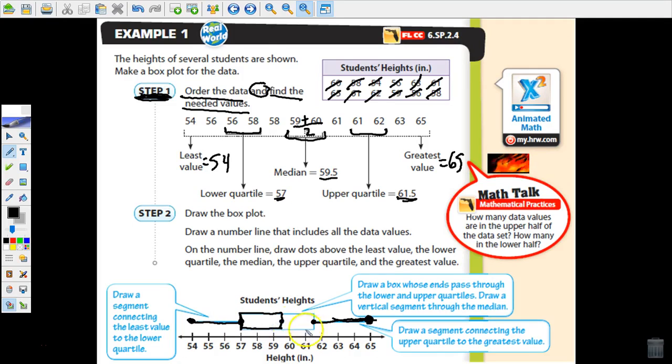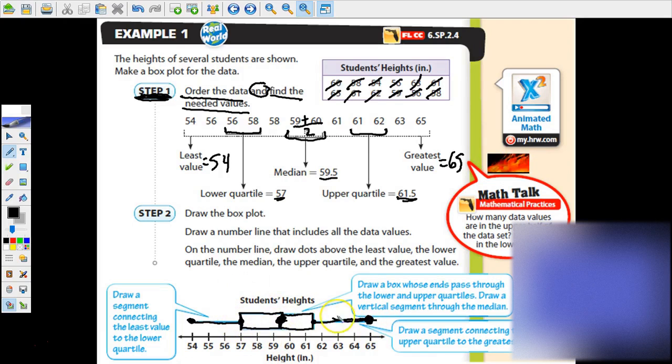Okay? Then we draw another rectangle going through the upper quartile and the median. That is a box plot. Okay? It shows you the absolute least value of the numbers and the absolute greatest value of the numbers. Then it shows you the median, the lower quartile, and the upper.